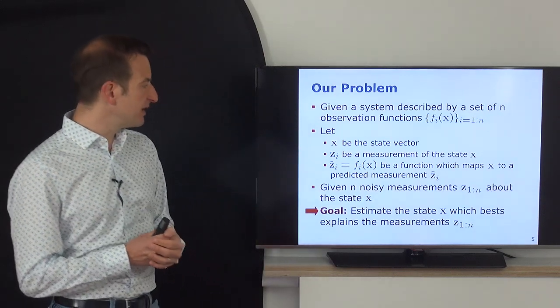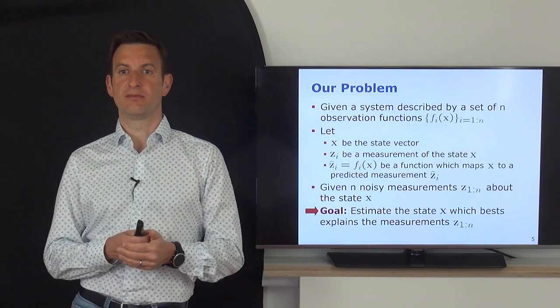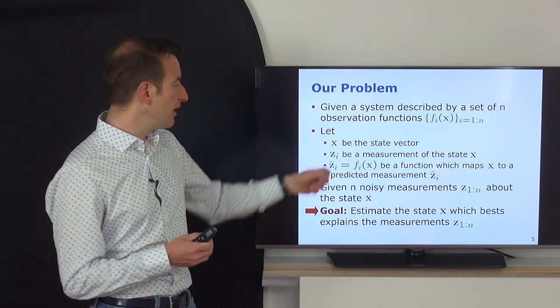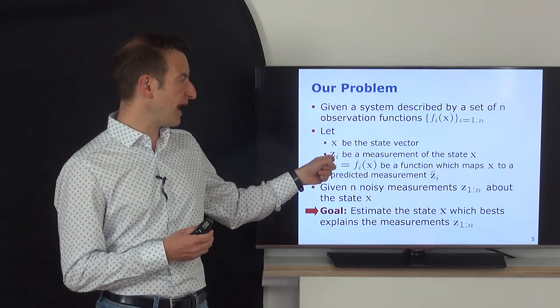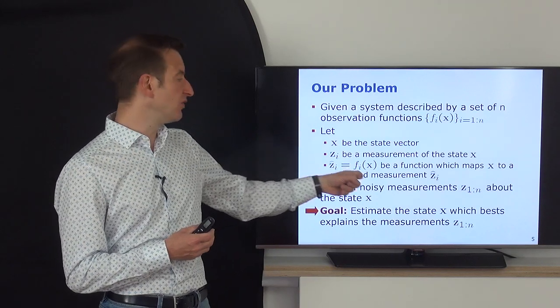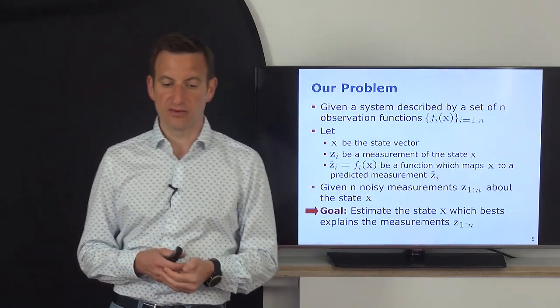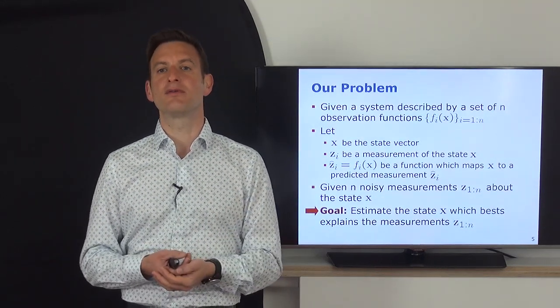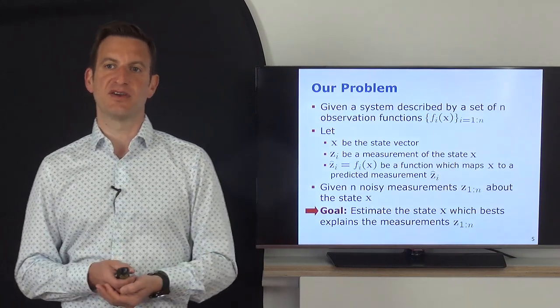Okay? So the key idea is to take what we are expecting to observe, assuming x is correct, and what we are actually observing, and then relate them with each other to see how x should look so that the observations are as similar as possible. So the goal of the overall approach is to estimate the state x which best explains my set of observations.